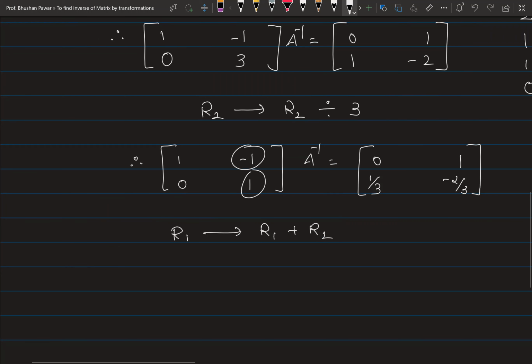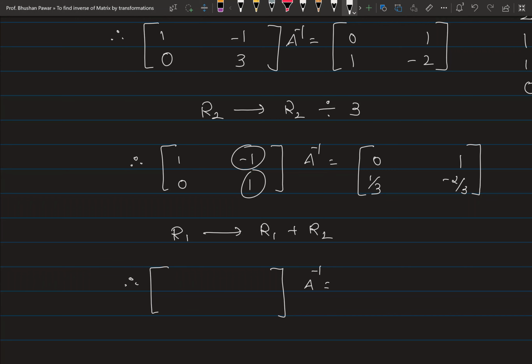So in this step, we are going to copy R2 as it is. So 0, 1, 1 by 3 and minus 2 by 3. Now R1 plus R2. We are going to add R1 and R2, addition of these two elements. So minus 1 plus 0 is minus 1. Then we are going to add these two elements.